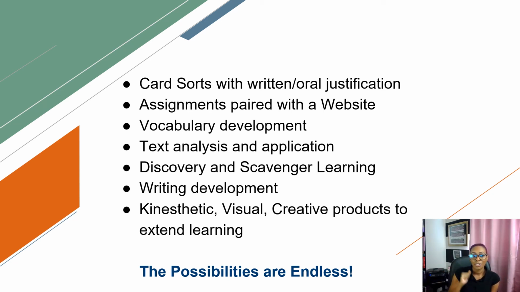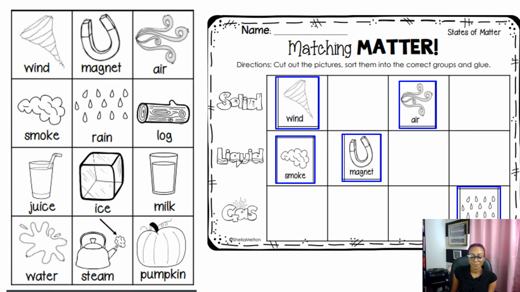You can have them do some discovery and scavenger learning. You can always have them write and do writing development in workstations, as well as opportunities to engage your kinesthetic learners, your visual learners, as well as creative learning, creative products that can be used to extend the learning process. The possibilities are endless, guys, truly endless. So let's take a look.